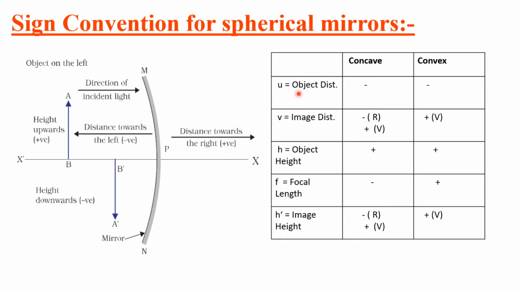Let us see this table. The mirrors are the concave mirror and the convex mirror. U is the object distance. It is always negative for both sorts of mirror. V is the image distance. It is negative when the image is real and inverted, and positive when the image is virtual.